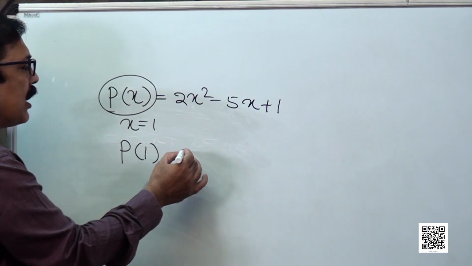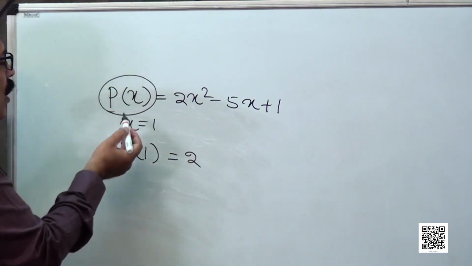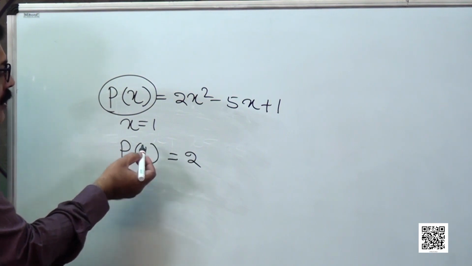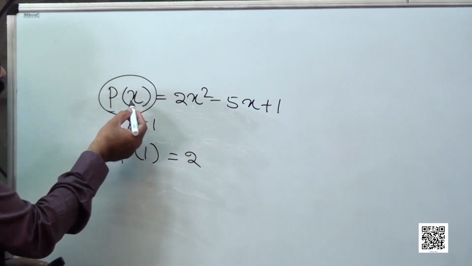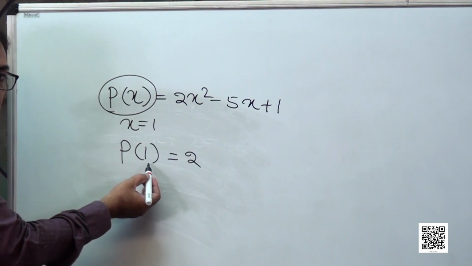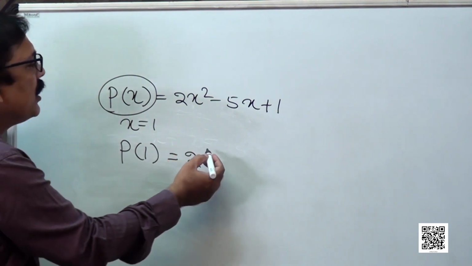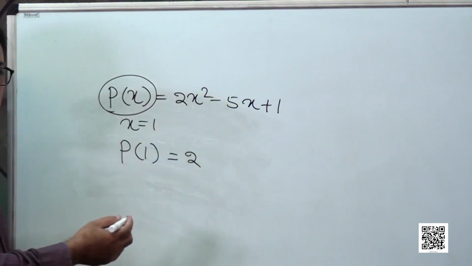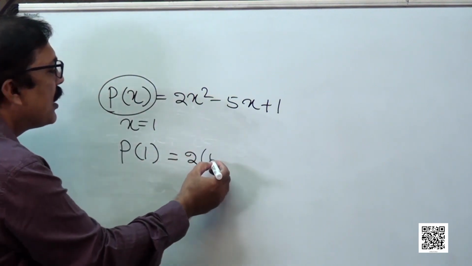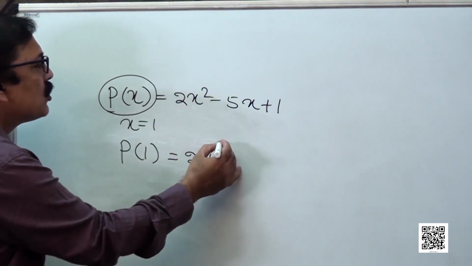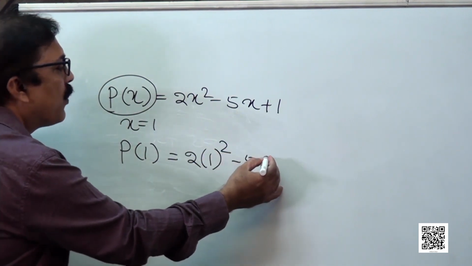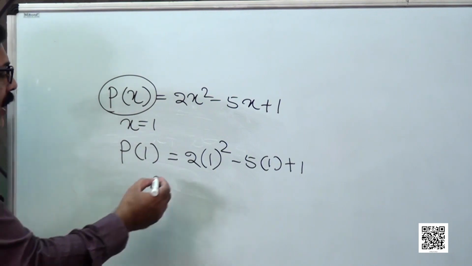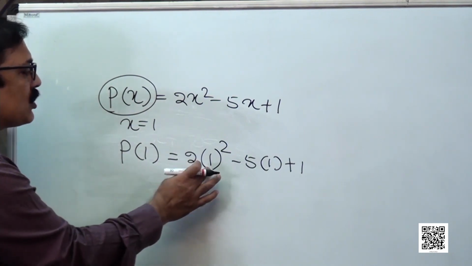So here we have replaced x by 1, and on the right side also we have to replace x by 1. So it is 2 into 1² − 5 into 1 + 1.